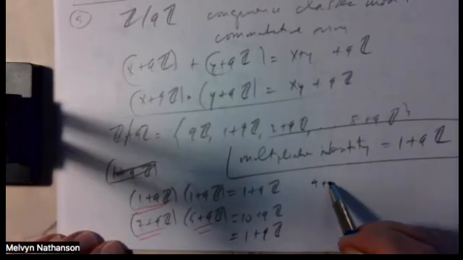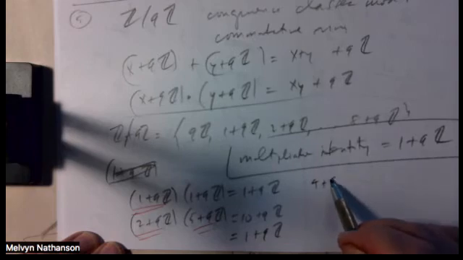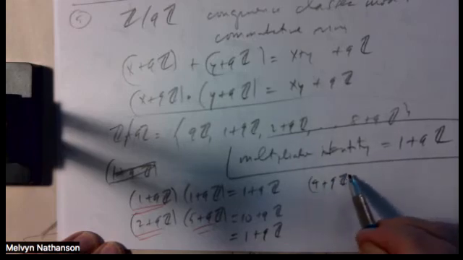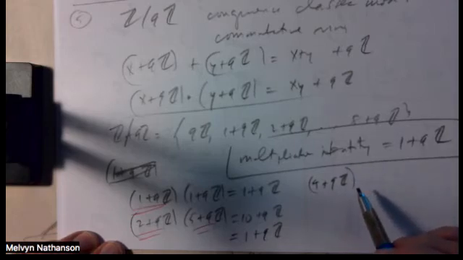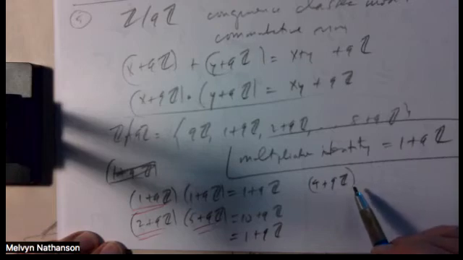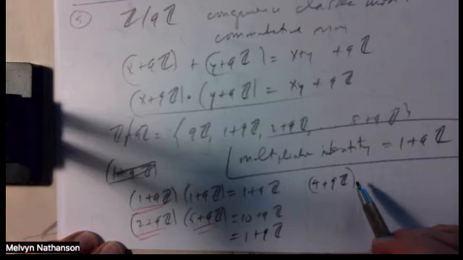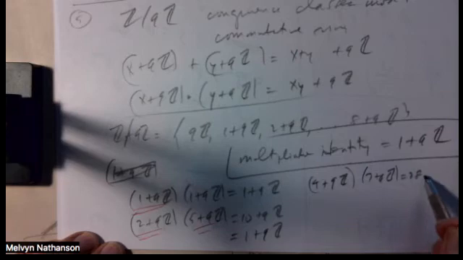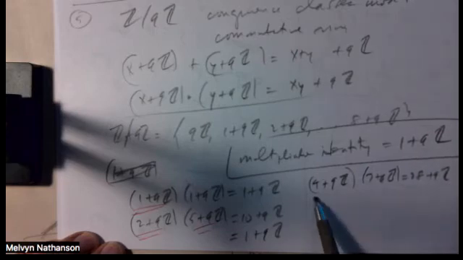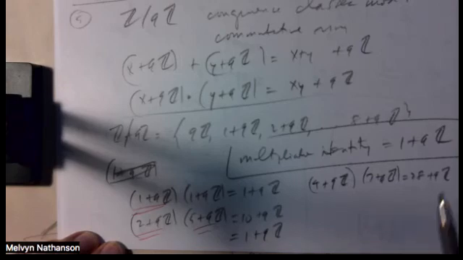If I take 4 plus 9Z and multiply it by 7 plus 9Z, I get 28 plus 9Z. That's 4 times 7 is 28. And 28 is the same as 1 mod 9. So this is 1 plus 9Z.